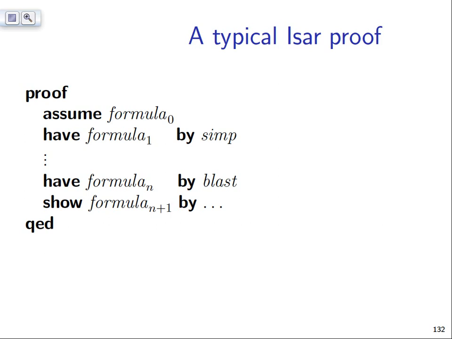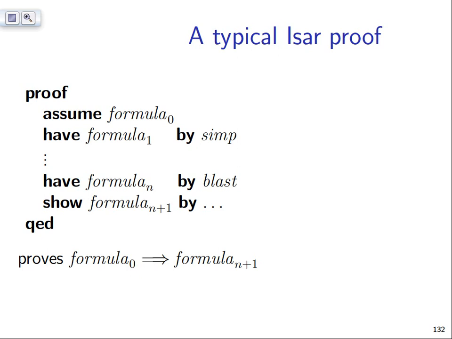That's what the show is. And all the intermediate haves are not part of what is being proved. What is being proved is really just the implication from that first assumption, or assumptions, in case there are multiple ones, to that last show. That implication is the result of that block, provided, of course, the proof checks.